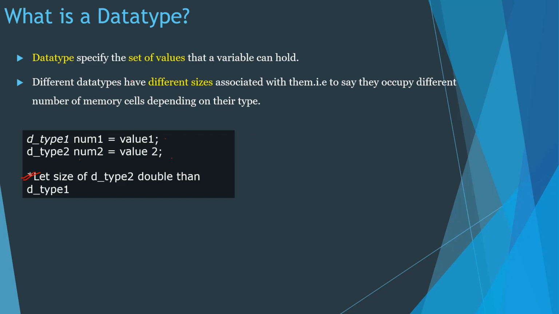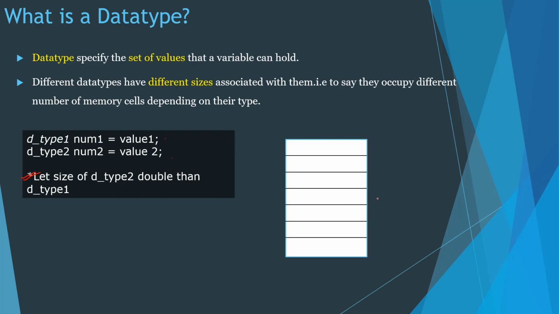So let's see the memory representation of these two values. Consider this abstract representation of memory, and these are all the memory cells: 1, 2, 3, 4, and so on. I cannot represent every memory cell due to limited space, but you get the point, right? So how will this be stored? Let's consider that the size of one memory cell is equal to the size of data type 1.